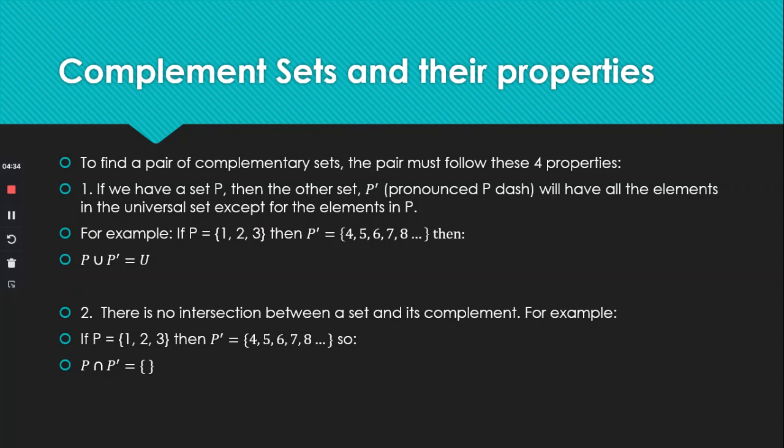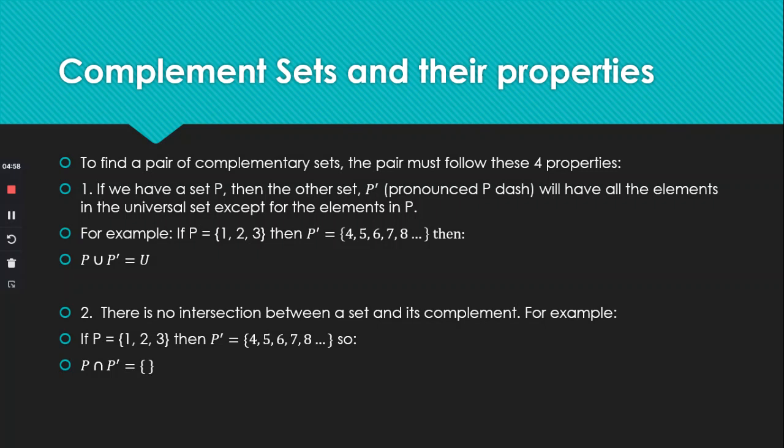There is no intersection between a set and its complement. For example, if P is {1, 2, 3} and we said P dash is {4, 5, 6, 7, 8}. So the complement set is basically all the elements that are inside the universal set but are not common with P. Like here, this is basically all the real numbers inside here.